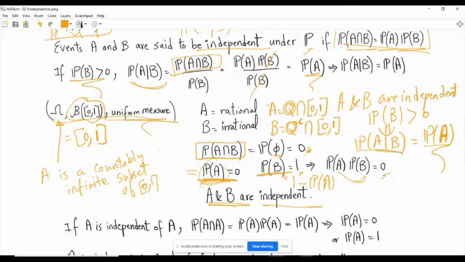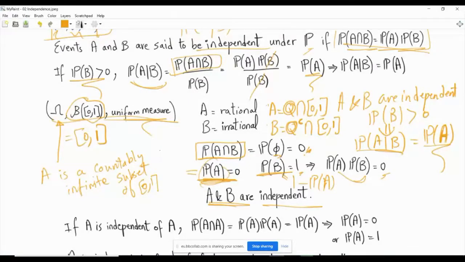Suppose that you close your eyes, you pick a number on the closed interval [0, 1], and you discover that this number is a rational number. Then you know with certainty that it is not irrational, because if it's rational, then automatically it cannot be irrational.